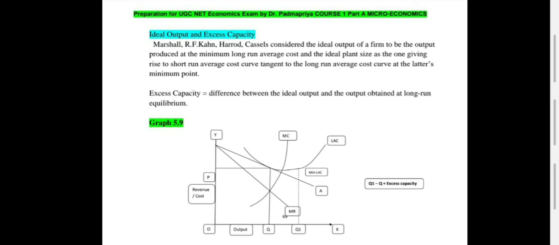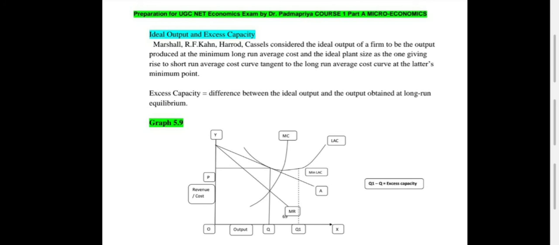In other words, we have the important concept of excess capacity explained in graph 5.9, wherein the LAC curve is tangential to the AR curve at a particular point, and we have the minimum LAC point. The difference between the output at minimum LAC and the normal output, which is Q1 minus Q, is equal to excess capacity. So excess capacity is nothing but the difference between ideal output and the output obtained at long run equilibrium.